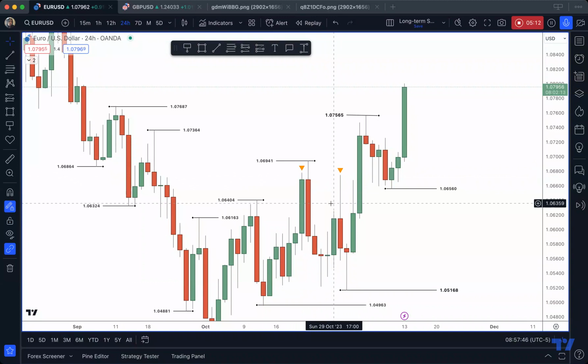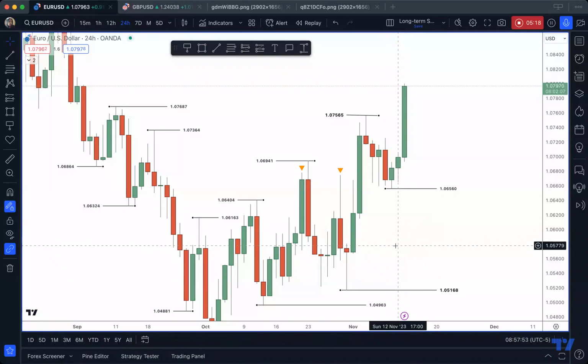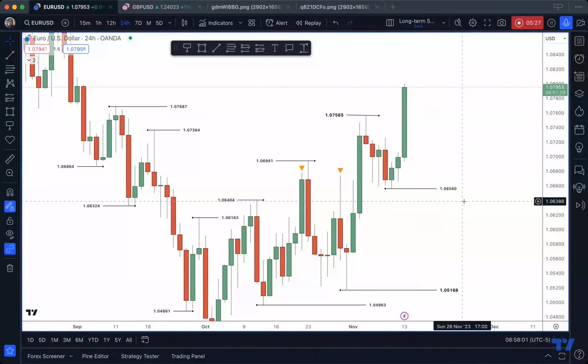Just to give some analysis here. Now, I was hoping that price on Euro USD could push down a little bit more so I could get into a buy. But hey, it had other things it wanted to do. Okay, cool. So now, if price pulls back and stays above 1.06560, sometime this week, maybe next week, for a swing trade, we could have a potential buy opportunity on our hands.